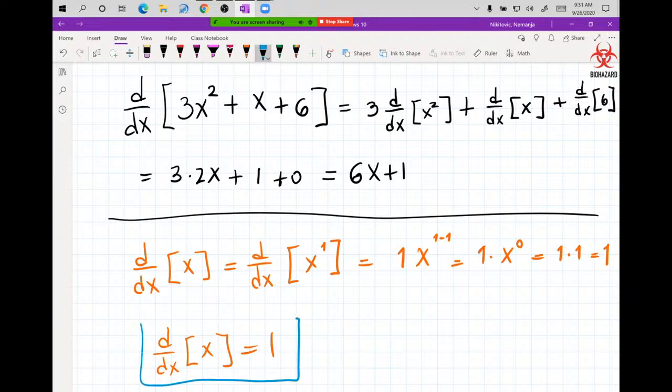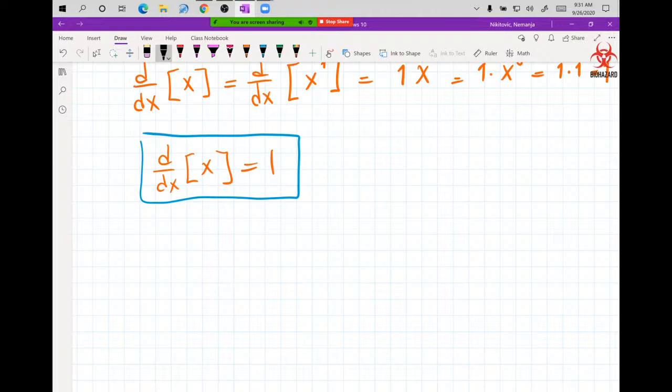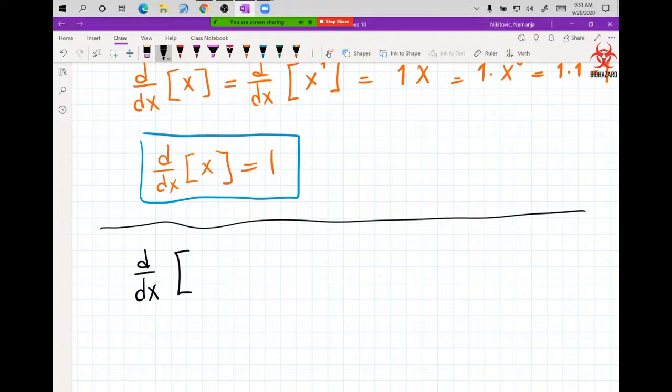So the derivative of a constant is 0, the derivative of x is 1, and then you have the other 3 rules, right? The polynomial rule, the E rule, and those 3 rules that are in there. Let's see one more of these. So the derivative of, and here we go.